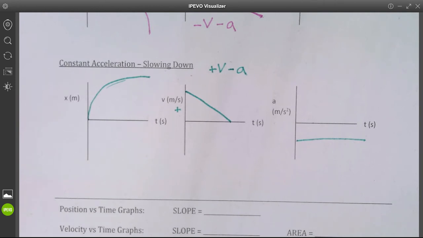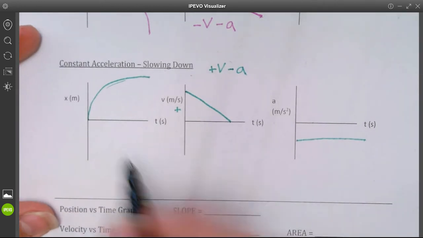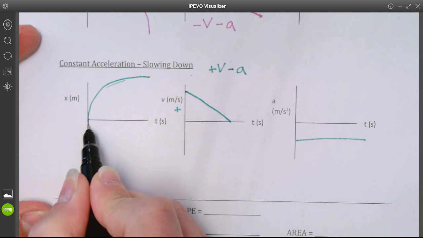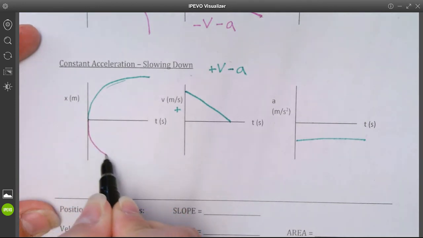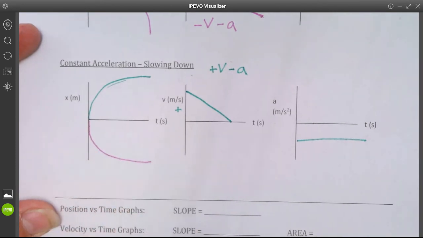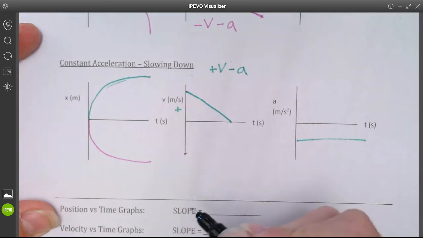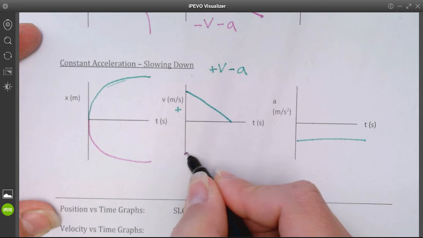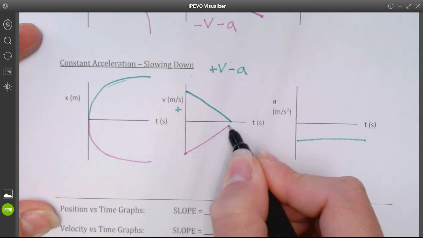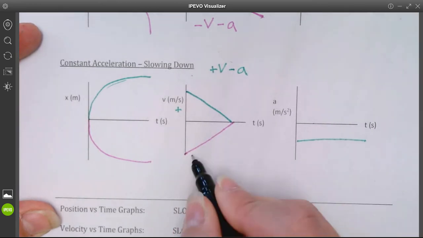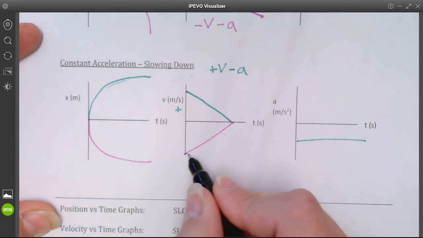And lastly, let's say we're slowing down in the negative direction. We're going to start off with a really steep line that gradually levels off in the negative direction. So we're going to start with some negative velocity that's pretty big, and that velocity is going to gradually decrease to 0. And this one messes people up. We are slowing down in the negative direction.